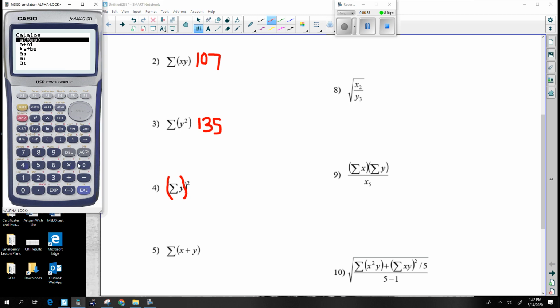So we want to take the sum of y. So slow down. Don't try to do it all at once. So that is the number 23. Good. Okay, now that we have that, now we can square it. So I take my answer and square.